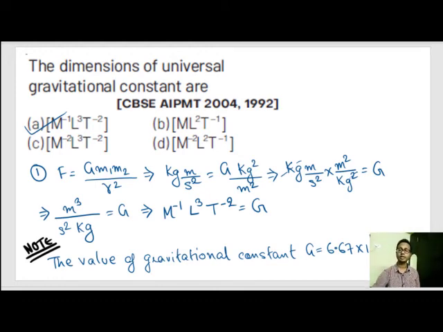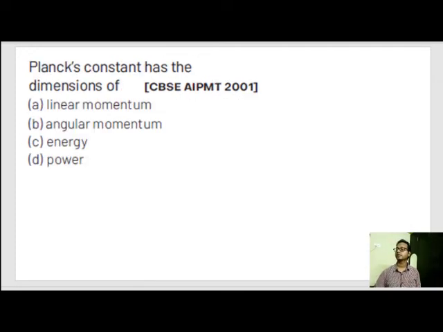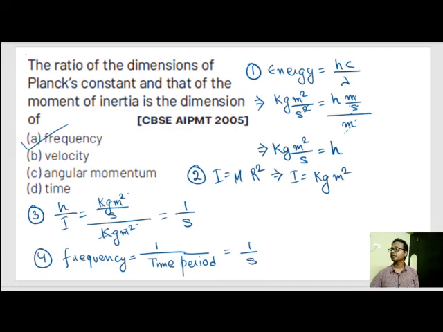So let's proceed to the next question. Planck's constant has a dimension of linear momentum, angular momentum, energy, or power. Just now, in one question before, we derived Planck constant. We derived the ratio of dimension of Planck constant and that of moment of inertia.